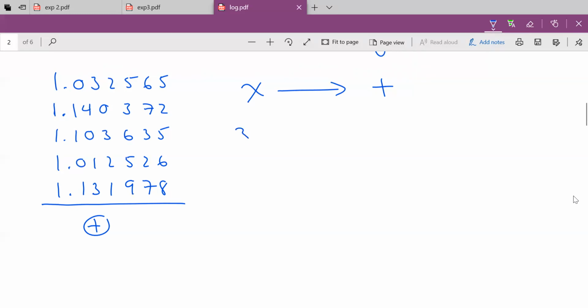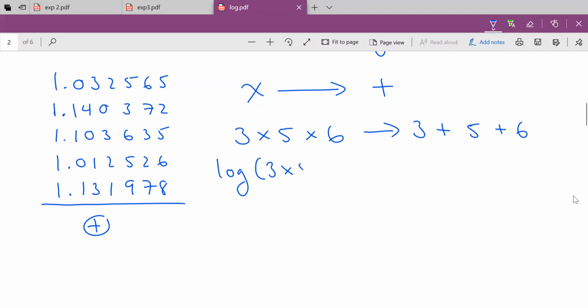So let's just look at something even basic. 3 times 5 times 6. Okay, that's 90. But their goal was to turn this into addition. How did they do this? They created a function known as a logarithm.